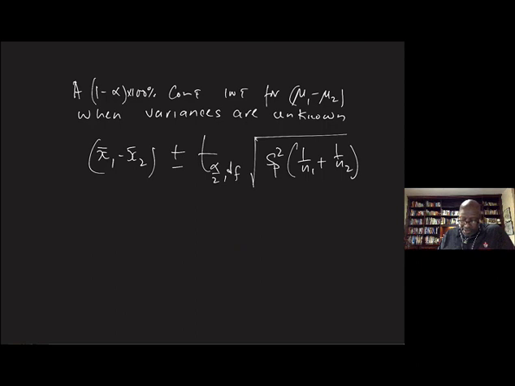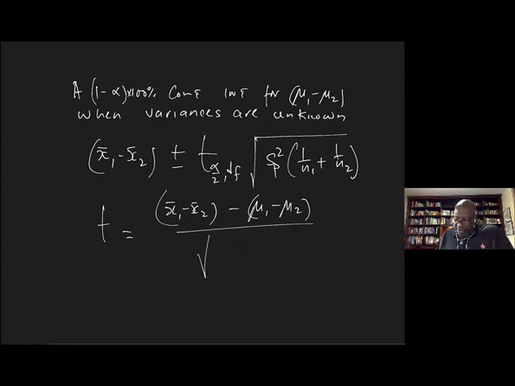And then the test statistic now, t, is given by our point estimate, x bar 1 minus x bar 2, minus mu1 minus mu2, divided by the standard error, Sp squared times 1 over n1 plus 1 over n2. And that will give us our test statistic.